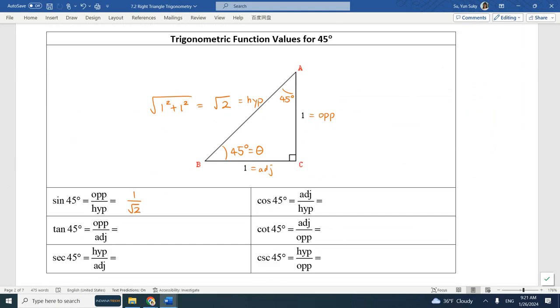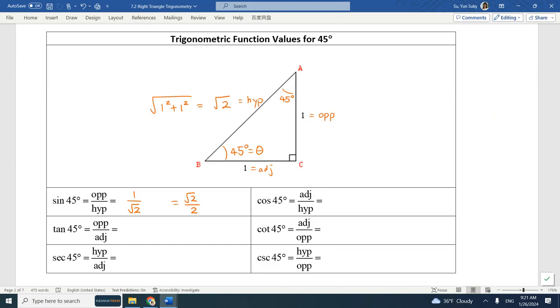You can leave it like that, or sometimes people like to write square root of 2 over 2 because they don't like the denominator to have an irrational number. But they are the same, because you multiply the numerator and the denominator by square root of 2, and then the bottom, square root of 2 times square root of 2, is 2. So they are the same.